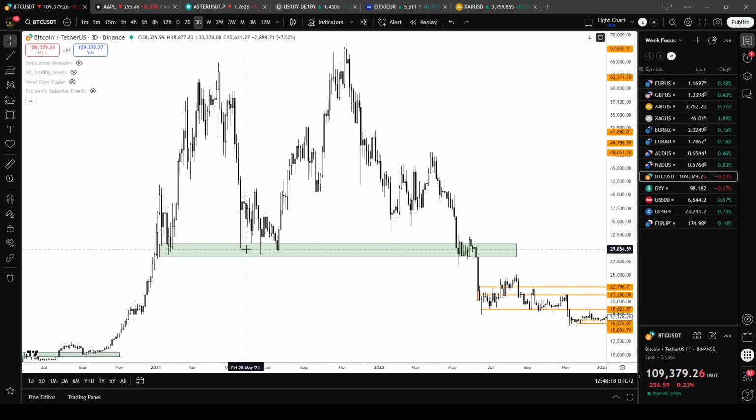You have a very clear support zone, and imagine you are around this area and you're thinking, yeah, this 30k level is a massive level. It's not gonna get breached. Market's already bounced from there, and we made a new all-time high, a very significant bottom.